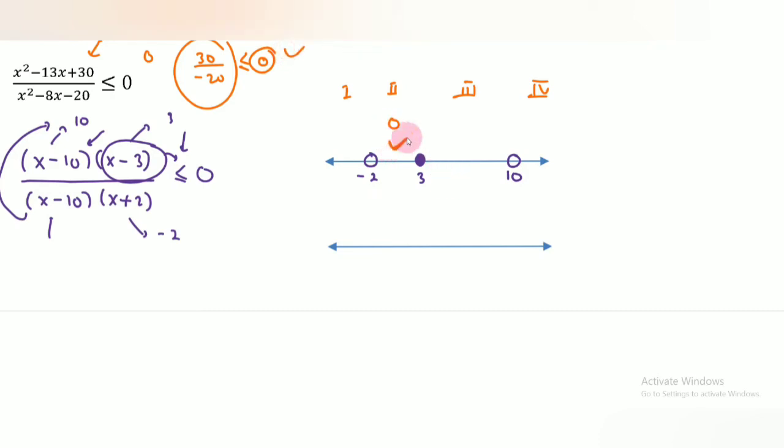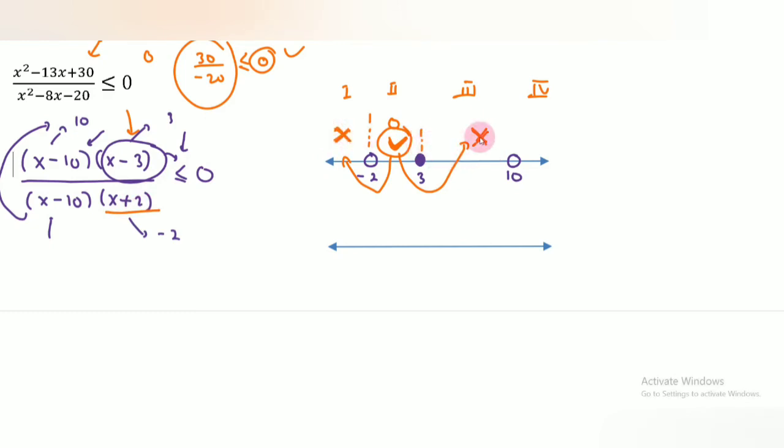Therefore, it satisfies. When I'm moving from the second area to the third area, it passes x minus 3, which is only one factor, so it won't satisfy. If I'm moving from the second area to the left, I'm passing a factor, x plus 2, so it won't satisfy.